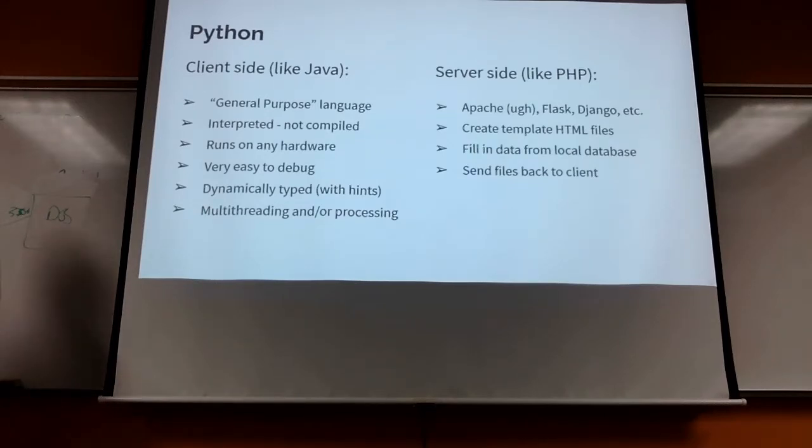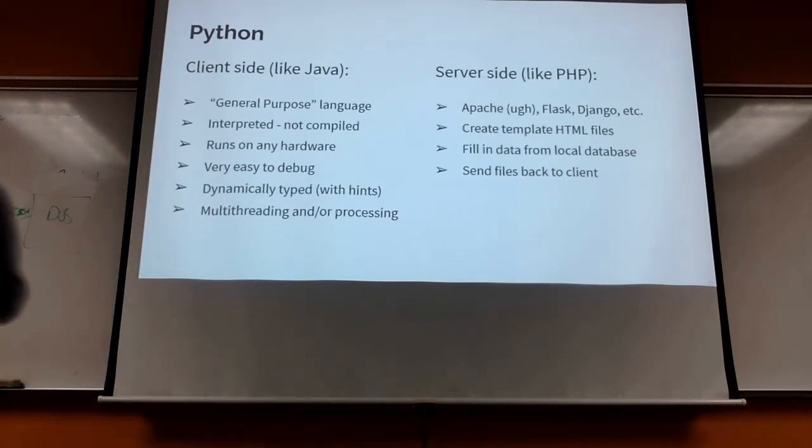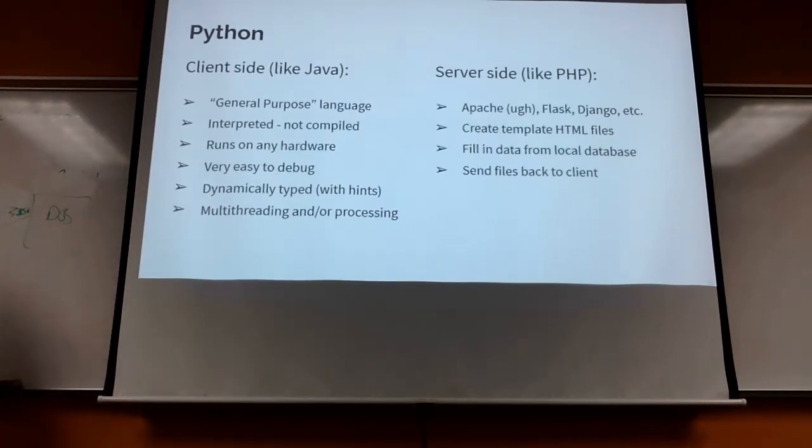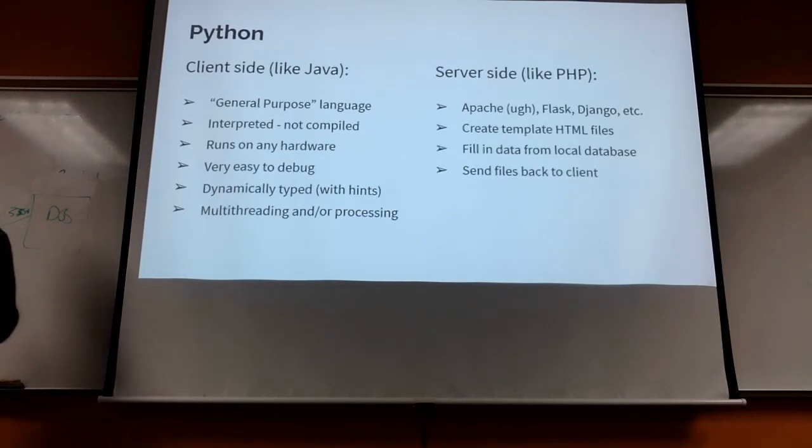Luckily, it actually will spit out a useful error message, unlike PHP, right? Because PHP can't spit out useful HTML error messages if it died. But Python can. So Python will tell you, kind of like the Java compiler, hey, I died, this is why, right?